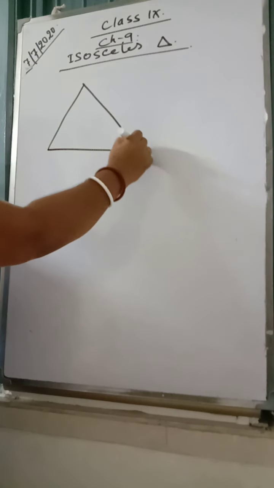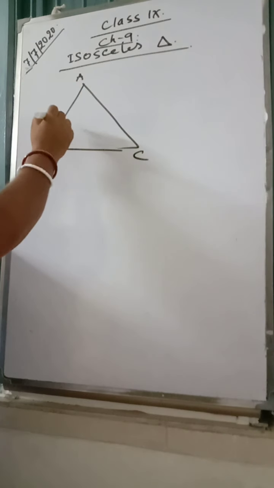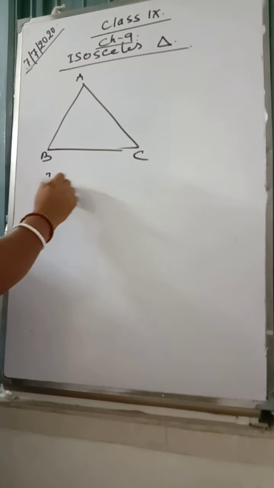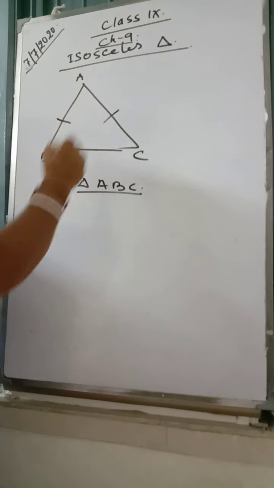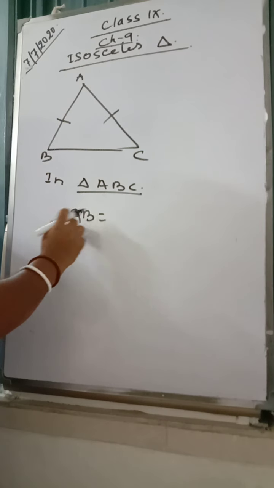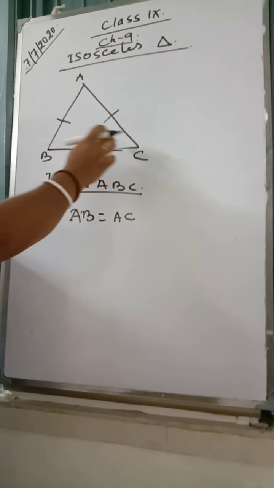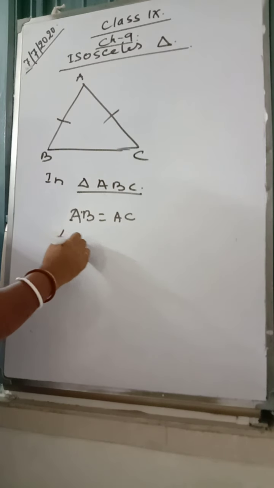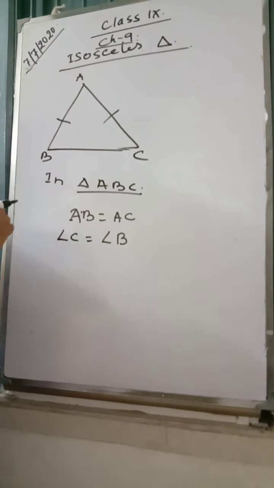If two sides of a triangle are equal, as I taught you in relation number 3, maybe ABC is a triangle in which AB is equal to AC, then the angle opposite to AB is what? Angle C would be equal to angle B, opposite to the side.